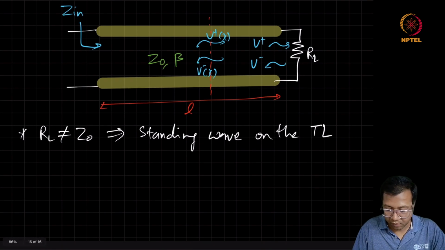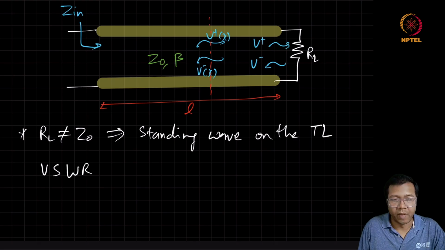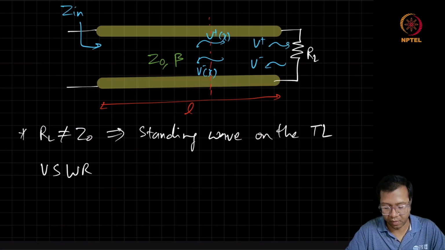The consequence of a standing wave is that if you measure the voltage and move along the line, the amplitude of the voltage will keep on changing. This can be measured with the help of the ratio of maximum to minimum amplitude of the voltage when we move along the line.